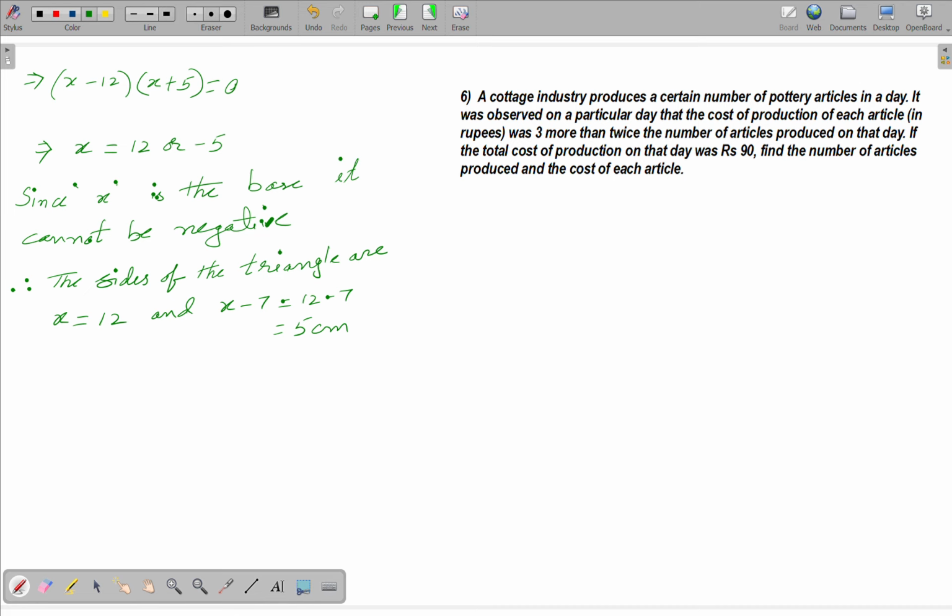The base is 12 centimeter and the altitude is 5 centimeter. This is question number 5.